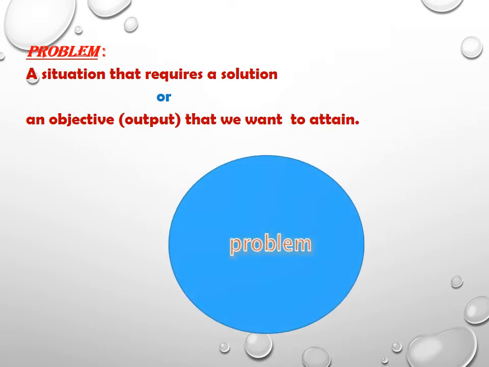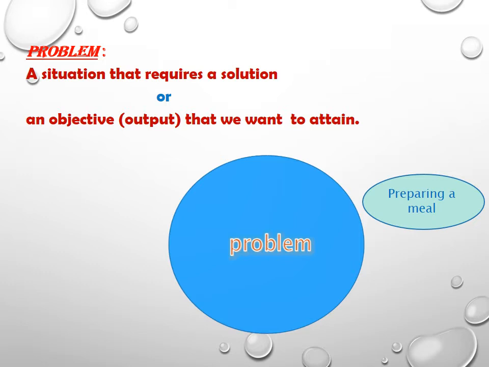Let's see some examples for problems. Preparing a meal is an example for a problem, because if I want to prepare a meal such as a cake, I have to follow some steps to reach my goal, or I have to put some ingredients together, mix them and put them in the oven to have the output or my goal, which is the cake.